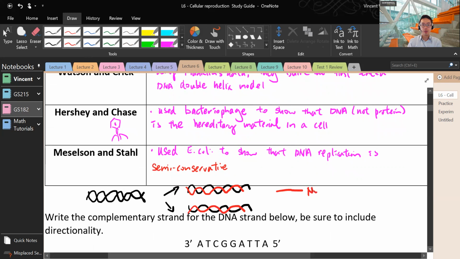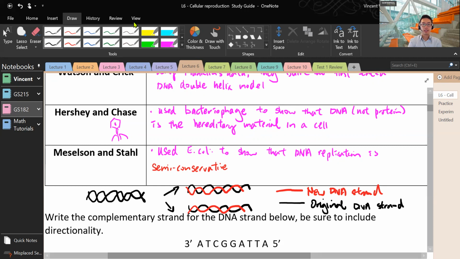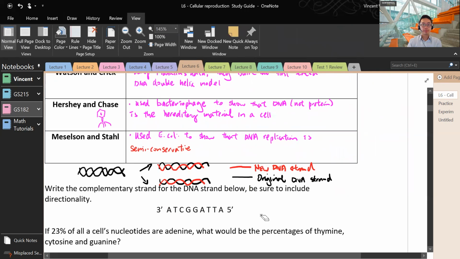Okay, so this is new DNA molecule, new DNA strand. This is the original DNA strand. How's that?